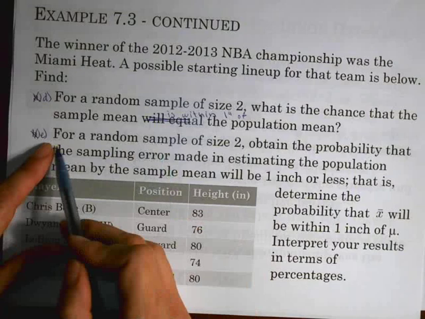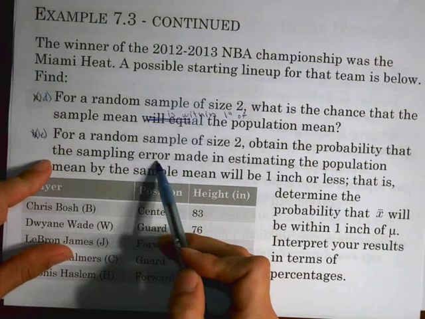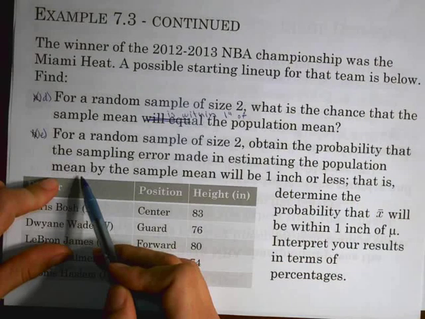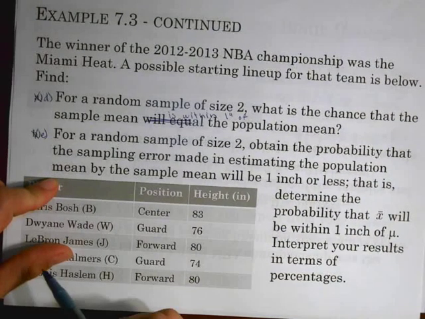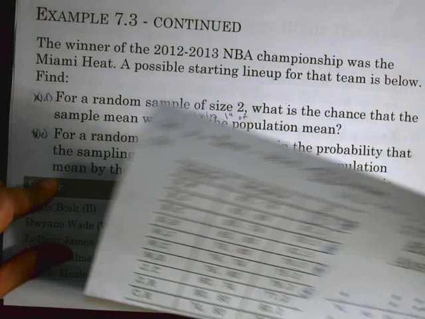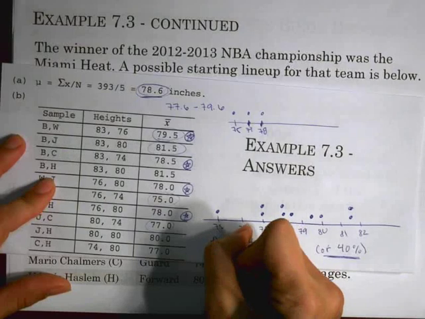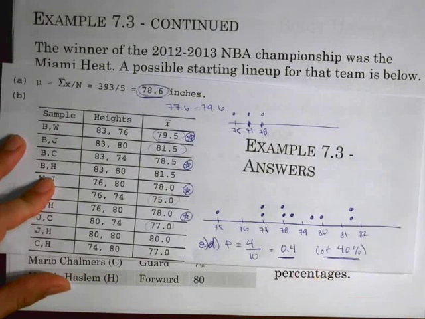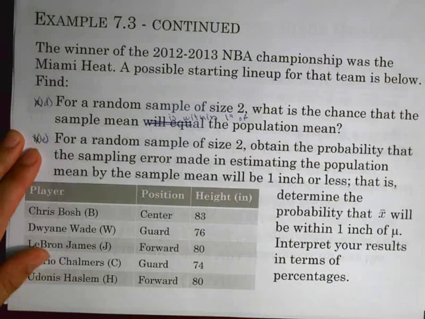Oh, now I see that I didn't read my problem all the way. So I just did number E. For a random sample of size 2, obtain the probability that the sampling error made in estimating the population mean by the sample mean is 1 inch or less. That is the number that we just answered. So we are within 1 inch 4 times. So our answer to E is 40%.